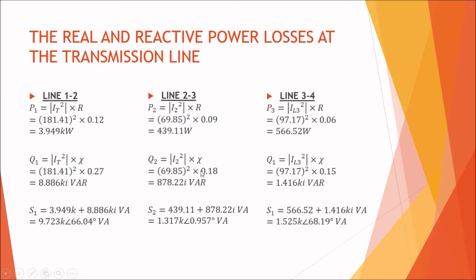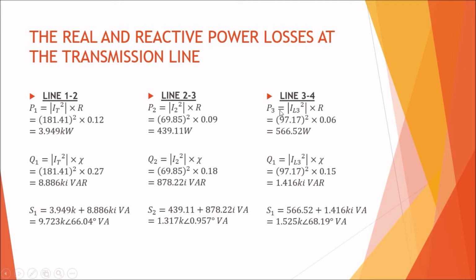For this line, the value is 0.18, then we get 878.22 imaginary var. And then for the apparent power, this is the value, which is 439.11 plus 878.22 imaginary VA. And this is the value 1.317k, angle 0.957.